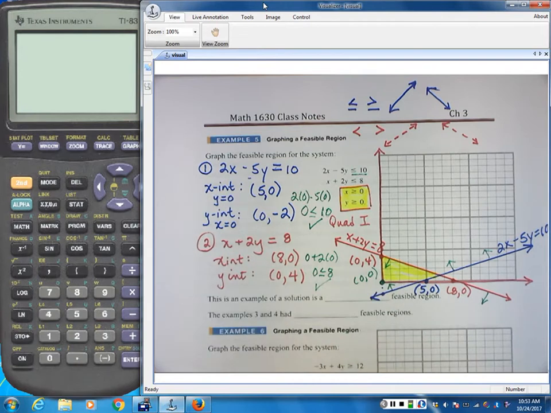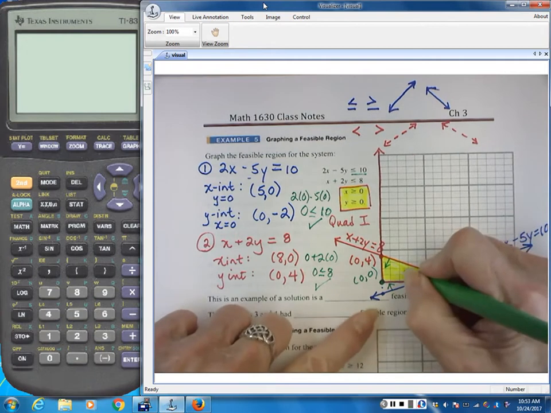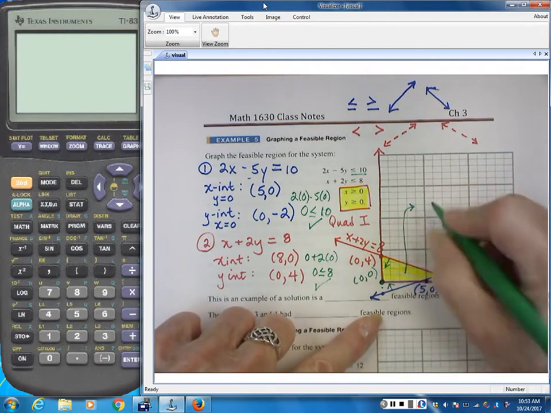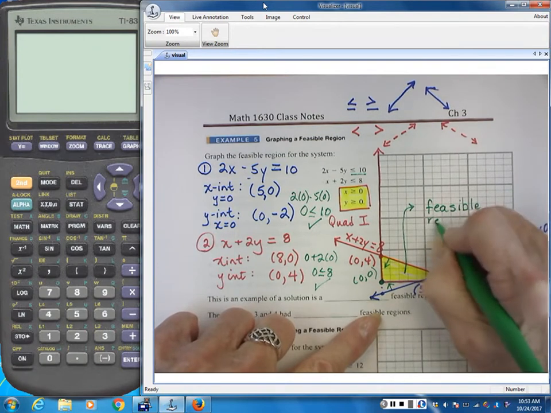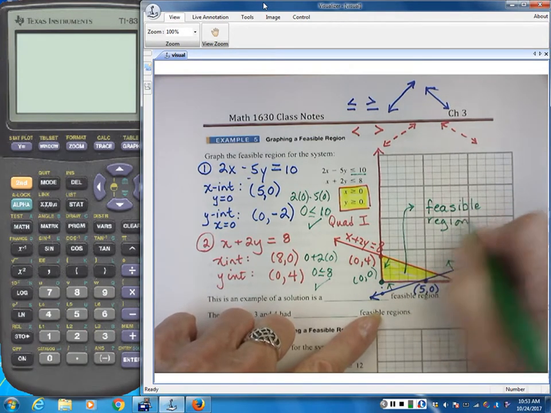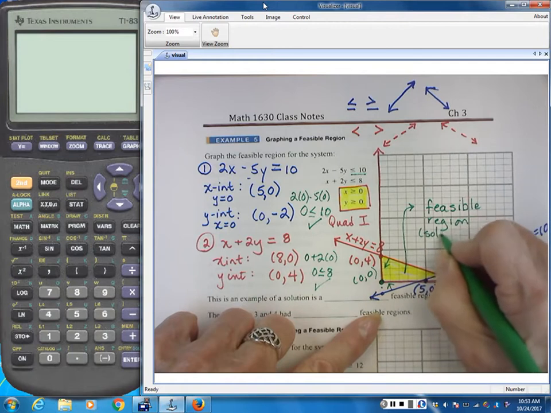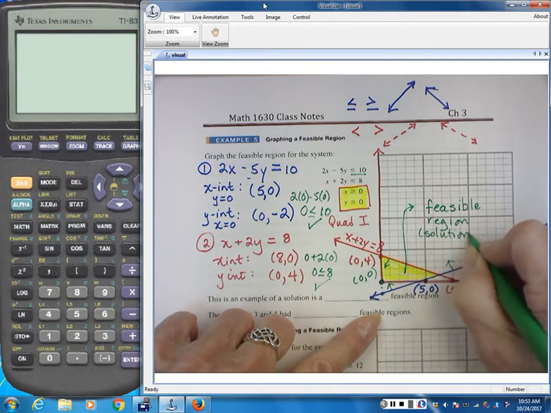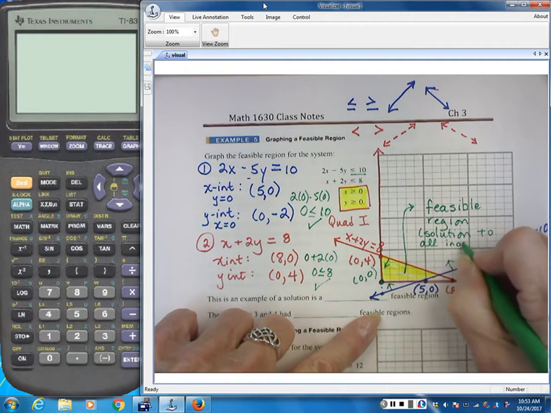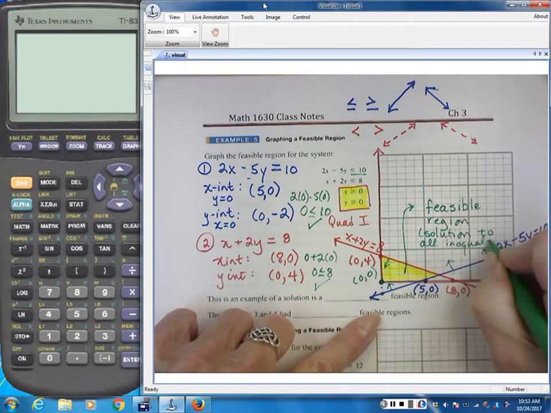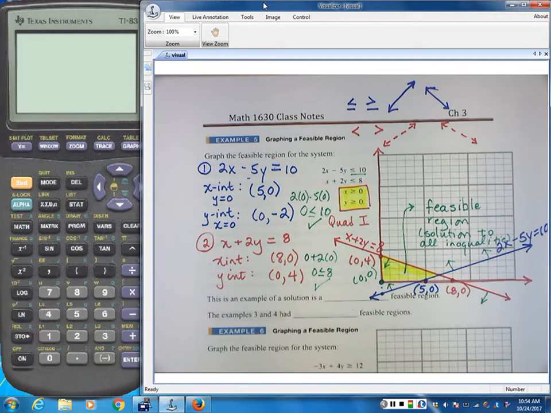So that area that satisfies both is called the feasible region. So that's where the solution is to all of the inequalities.